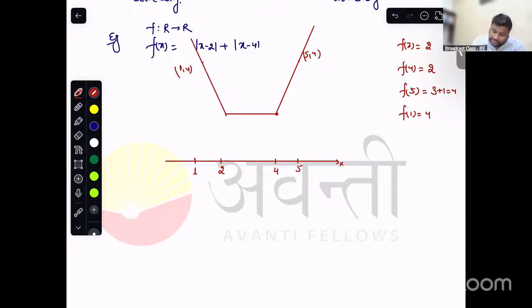Now if you realize there will be a line parallel to x-axis which is intersecting it at more than one point. Yes or no? So the function is many-one.